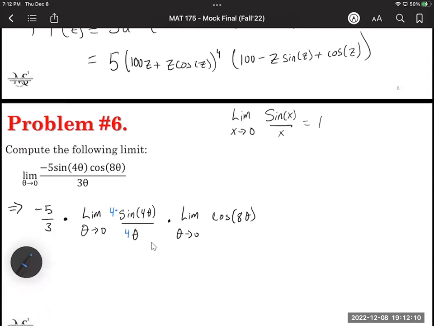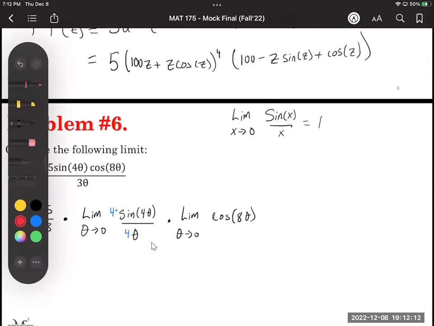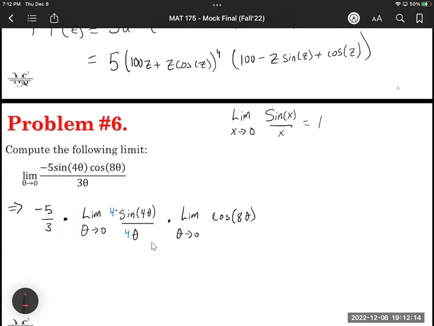Now, the 4 that I used to multiply in the numerator, I really don't need anymore. I just used it to construct our special limit here. So this 4 is also a constant multiple that I can pull out.